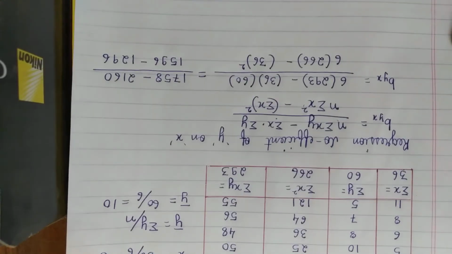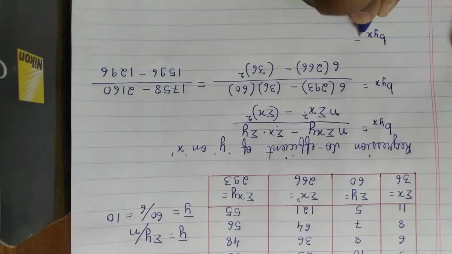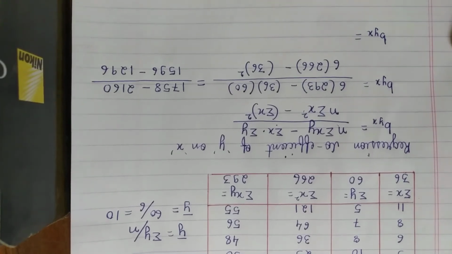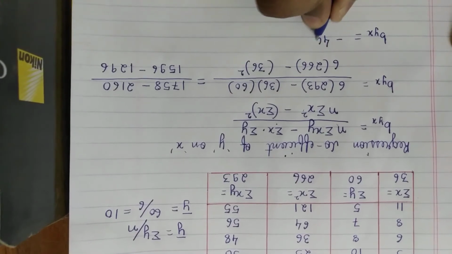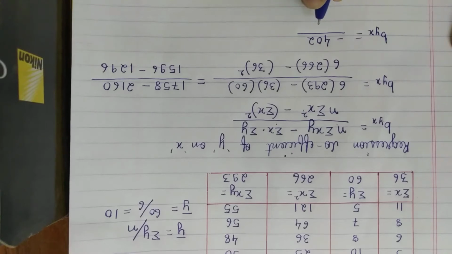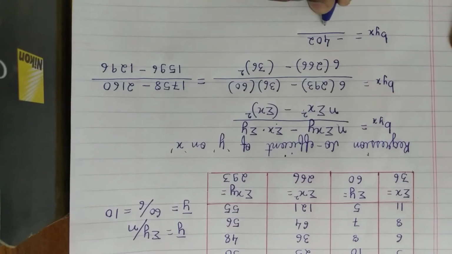So byx is equal to, numerator is 1758 minus 2160, so minus 402, divided by 1596 minus 1296, which is 300.